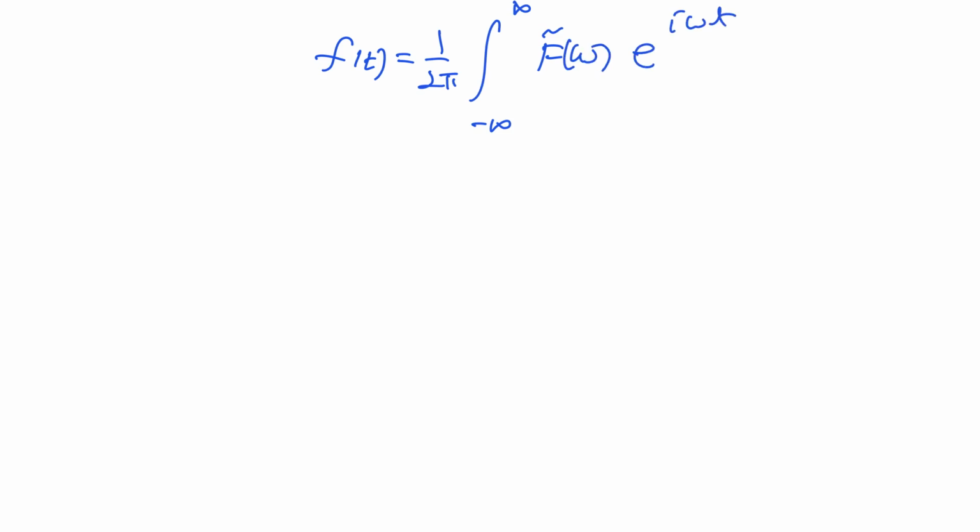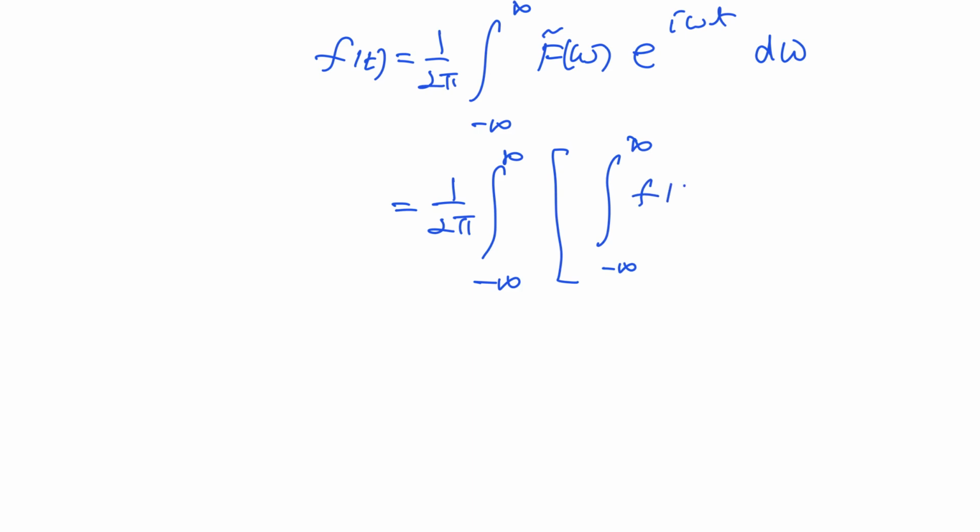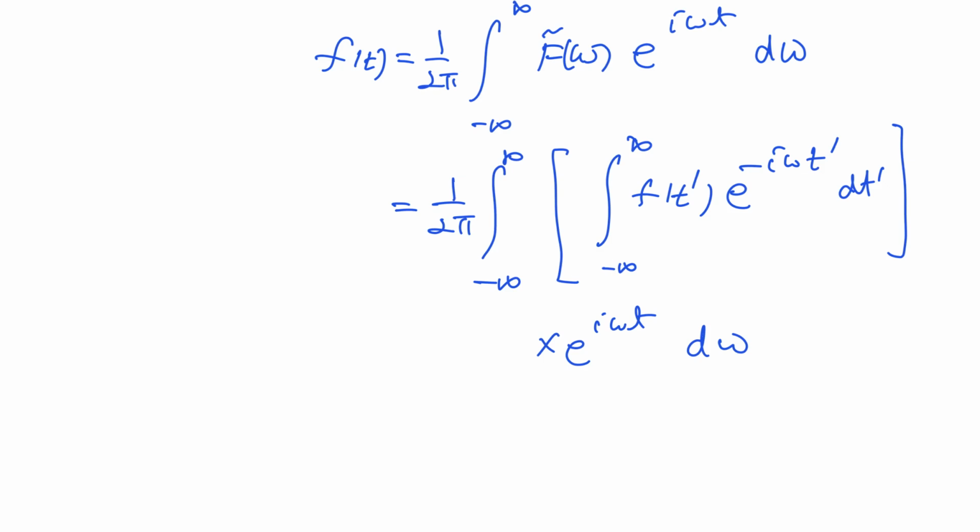Okay, so we define f(t) as 1 over 2 pi, integral from minus infinity to infinity of f tilde omega exponential i omega t d omega, and that equals 1 over 2 pi times the integral of f(t prime) exponential minus i omega t prime dt prime, times exponential i omega t d omega.